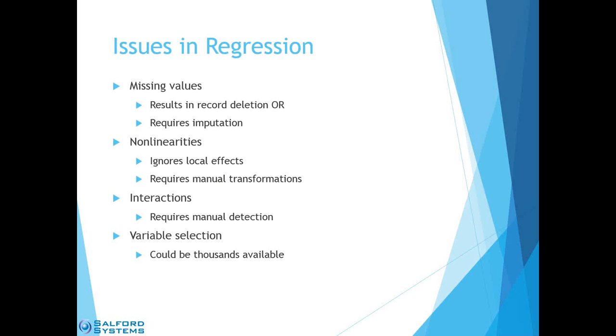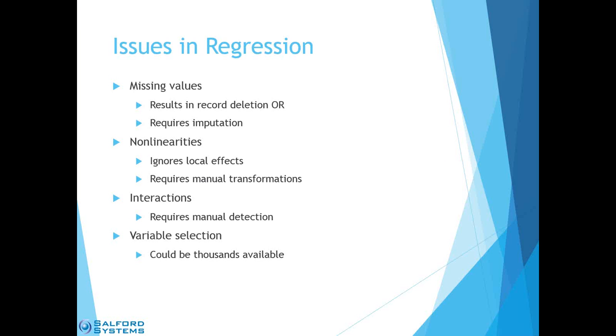You also might encounter some nonlinearities. And this is a problem in linear regression because linear regression is capturing the global effects of your model and ignoring the local effects. And this might require some manual transformations, and it's just a pain if you're trying to capture something that the regression just isn't looking at. Another problem is interaction.